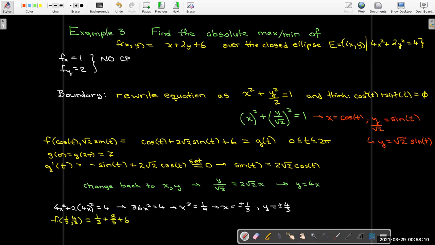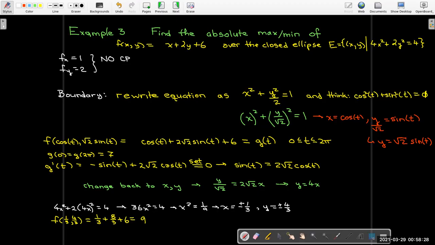And so my function value at 1/3 comma 4/3, again I'm going back to the function value, the equation of the ellipse, will turn out to be exactly 9.